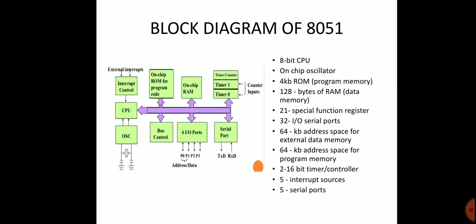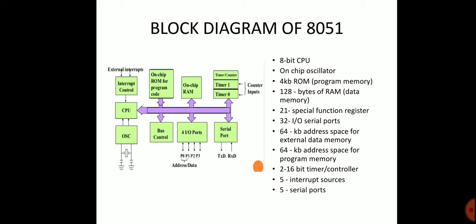The oscillator circuit uses a crystal oscillator to generate the timing frequency of the microcontroller. There are also the on-chip RAM and ROM, the bus controller, and four input and output ports. What are the four input and output ports?